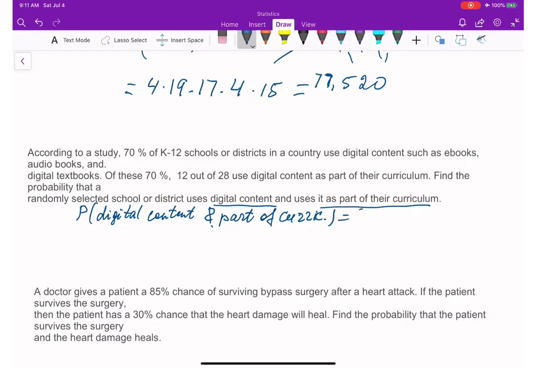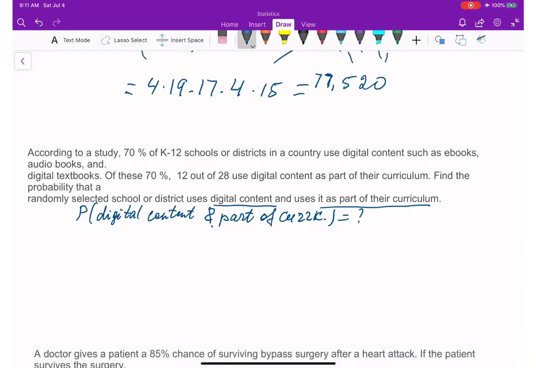First we need to find the probability of digital content, and then the probability that it's part of curriculum.